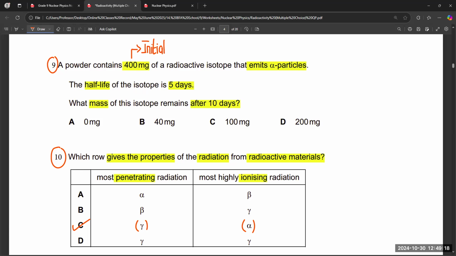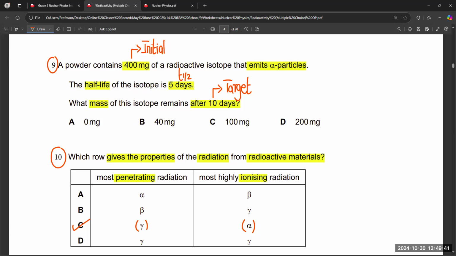This is the initial value. This is the targeted value. Okay. And half-life is given. So you need to find out the mass of the isotope that remains after 10 days.